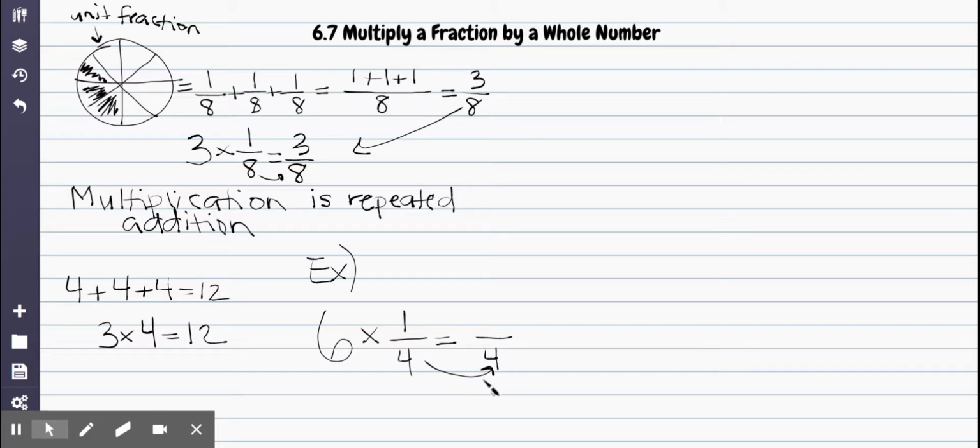Okay, it's still going to be fourths. And now the number up top has been multiplied with the whole number. So 3 times 1 gave me 3 here. So I'm going to be multiplying this whole number times the number up top, my numerator. And so 6 times 1 is 6, which is 6/4.